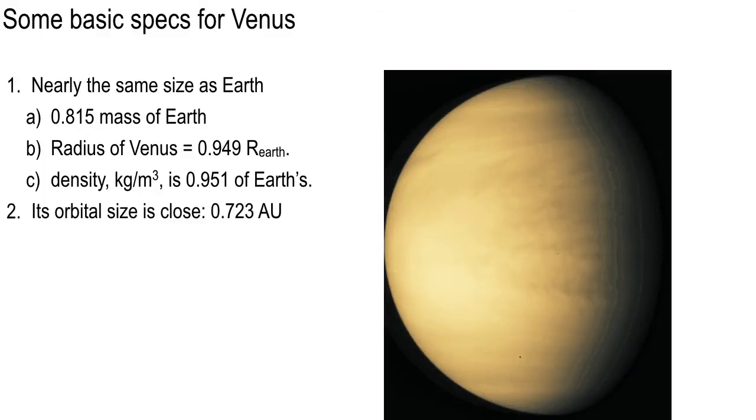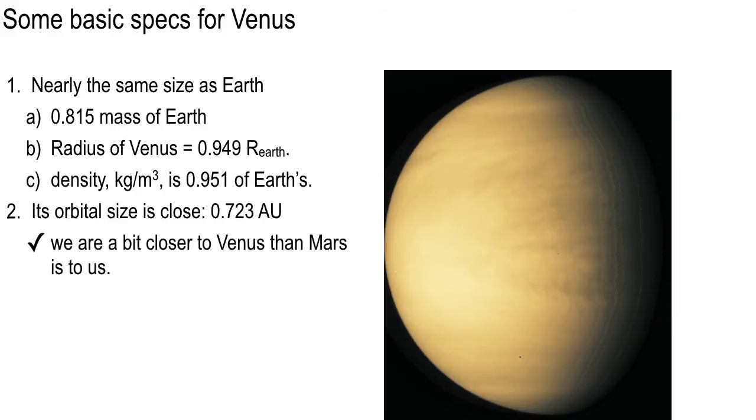boring. Orbital size, 0.723. I mean, we're not shaking anything up. So we're a bit closer to Venus than Mars is to us. And it's just like a big ditto mark in the sky until you figure out its orbital rates and its spin rate.